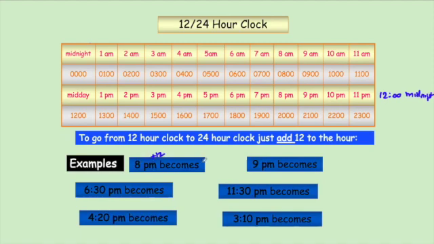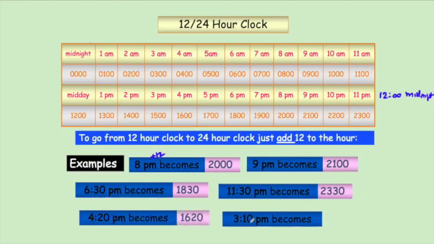So 8 plus 12 is 20. 9 plus 12 is 21. 6 plus 12 is 18 with the minutes 30. 11 plus 12 is 23 with 30. 4 plus 12 is 16 with 20. And 3 plus 12 is 15, 10, without AM or PM, because all these are in 24-hour format. Excellent.